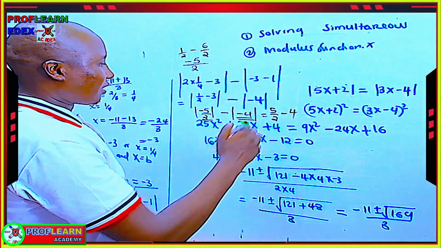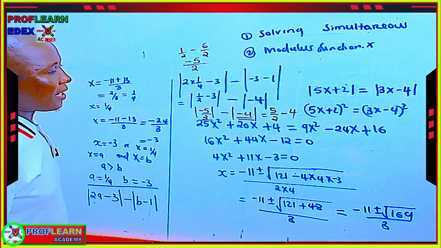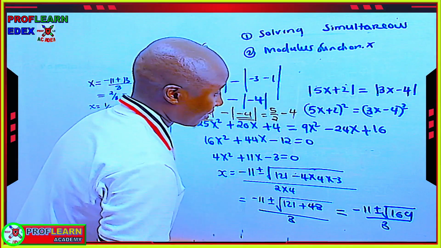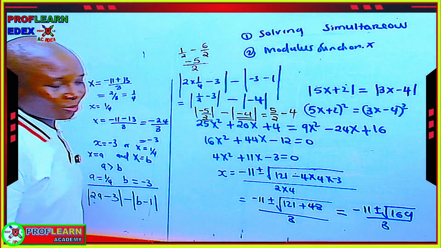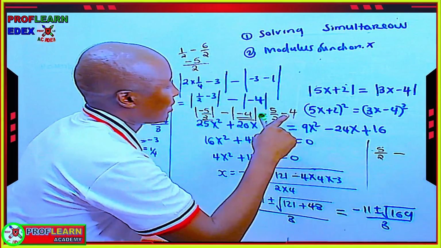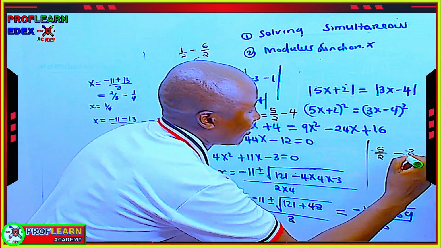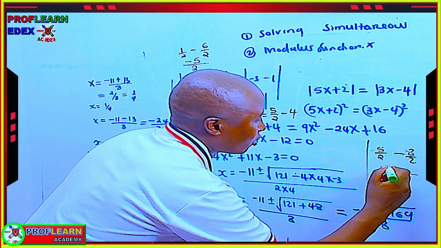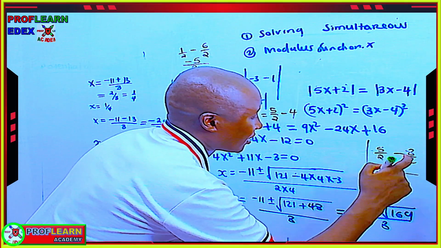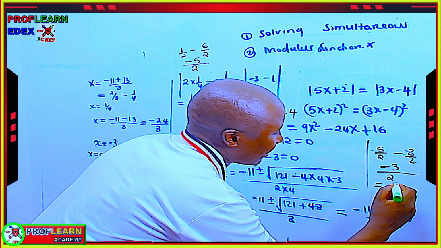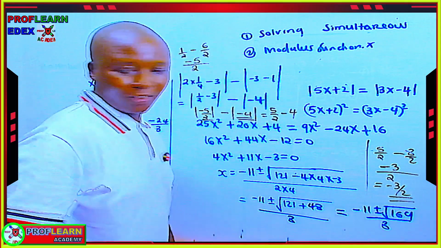So what is 5 over 2 minus 1 over 4? We can write 4 as 8 over 2 so that we can subtract. That is 5 over 2 minus 8 over 2, which is negative 3. So the answer is negative 3 over 2 as the final answer.